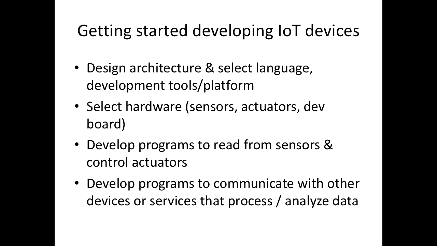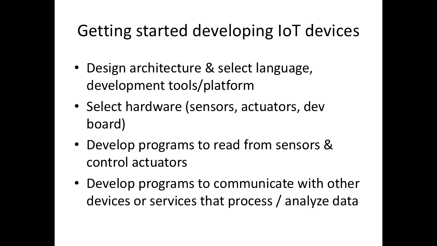So I thought I'd talk through a bit of the process that I go through when I'm developing my hobbyist devices. I guess the first thing to do is look at the requirements, what you want your project to do, and then to choose the architecture, select the language and the development tools, as well as the hardware based on those requirements. For a lot of really simple projects, like this pet, for example, the architecture is not going to be very complex.